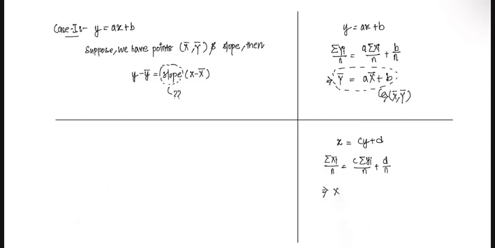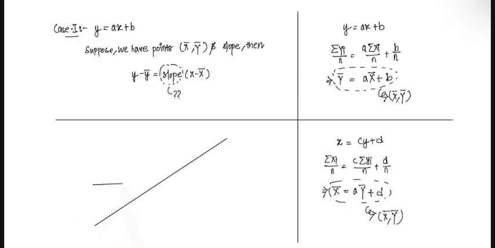So the equation becomes x bar equal to c y bar plus d. This equation shows the line passes through the point x bar comma y bar. These two equations show that the line crosses the point x bar comma y bar.